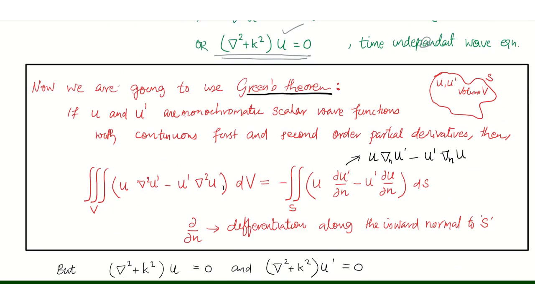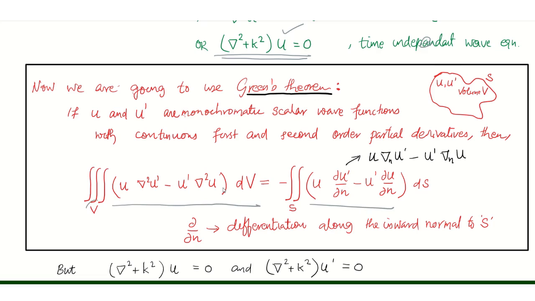Now the next thing that we will use is Green's theorem. Green's theorem is something that relates the surface integral and volume integral of certain things. This is how you may have learned it. This is what Green's theorem will tell you.